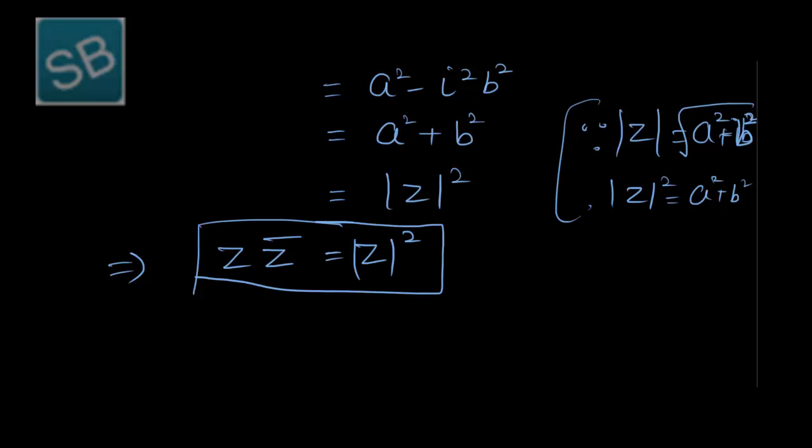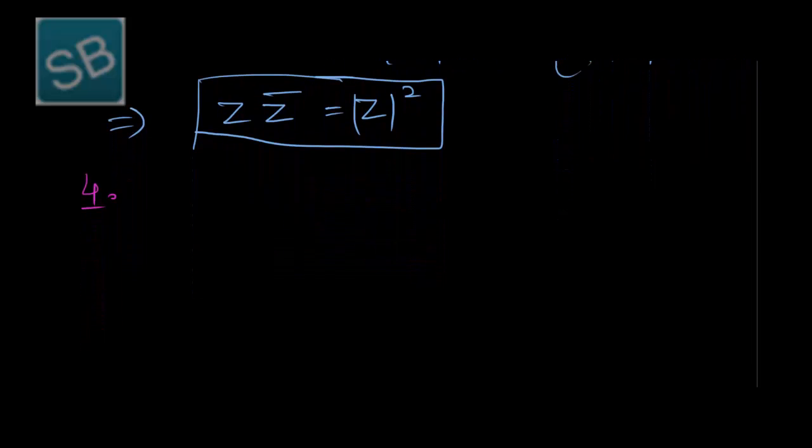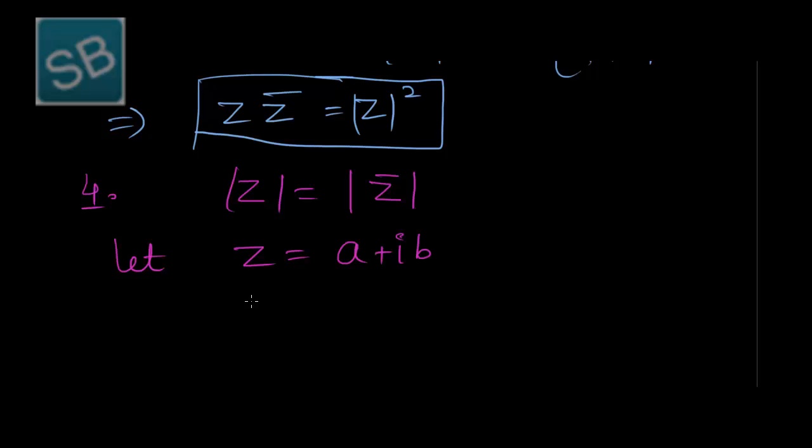So the next property, that is number 4, is mod z is equal to mod z bar. That is a very simple property. Let z is equal to a plus ib.